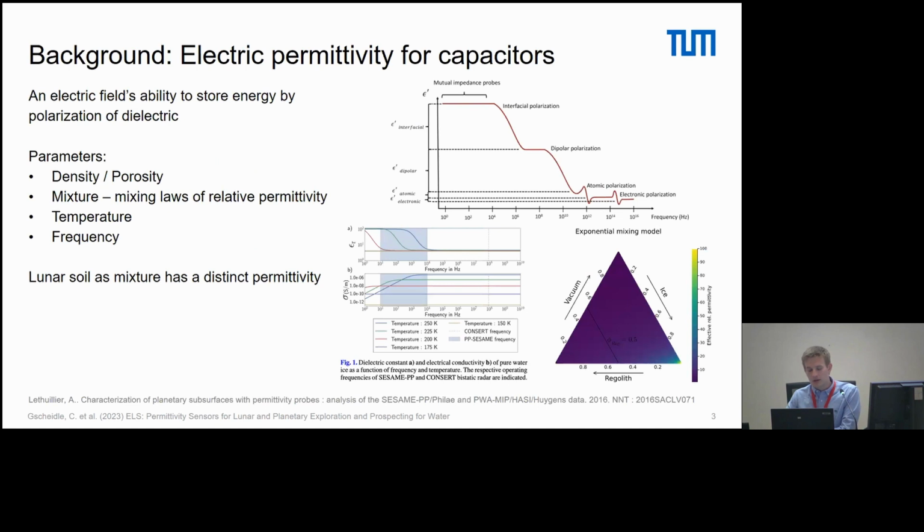And yeah, a little bit of background on the electric permittivity for regolith and also for water, which is quite different.